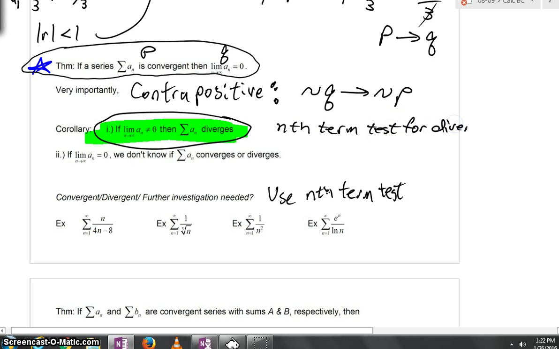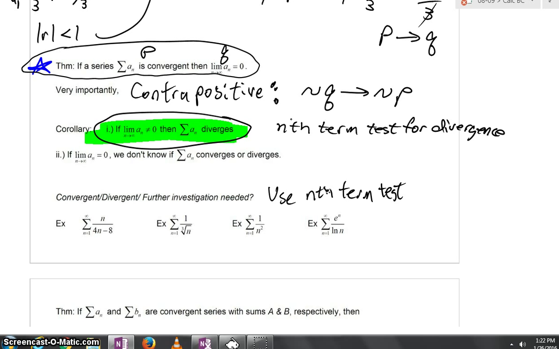Wonderful, powerful tool. You're saying if not Q, if the limit of the nth term as n goes to infinity is not 0, then the original series does not converge. In other words, it diverges. This is going to help us out with so many really tough problems. Use this and you're going to be in such wonderful shape.